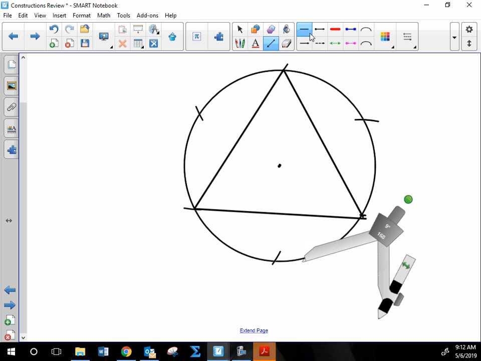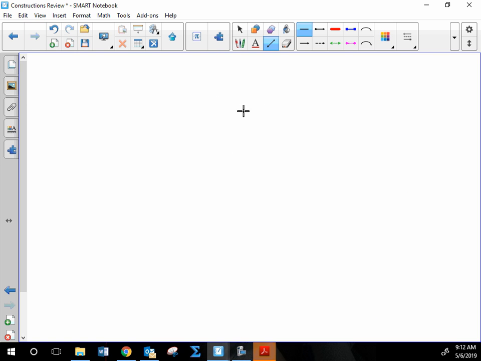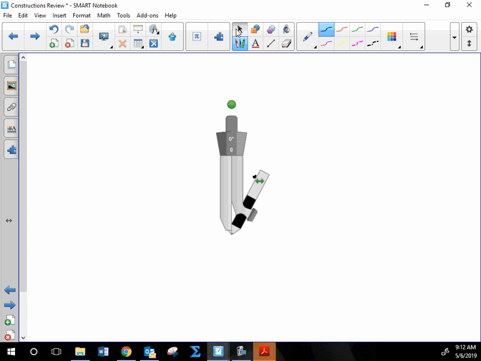Okay. For the square, I feel like they like the hexagon and equilateral triangle more, but suppose they ask for the square. It's going to be a different process, but we basically use what we know about perpendicular bisector for this. So let me go and draw my circle real quick.